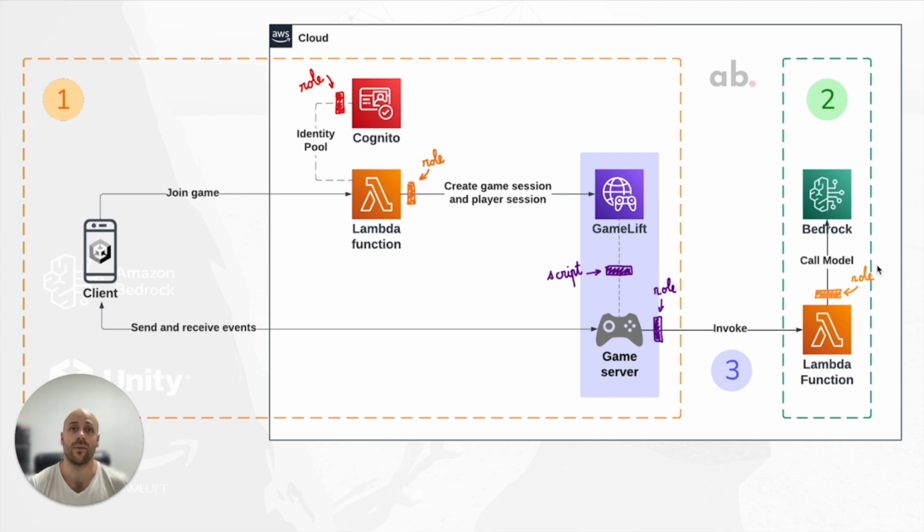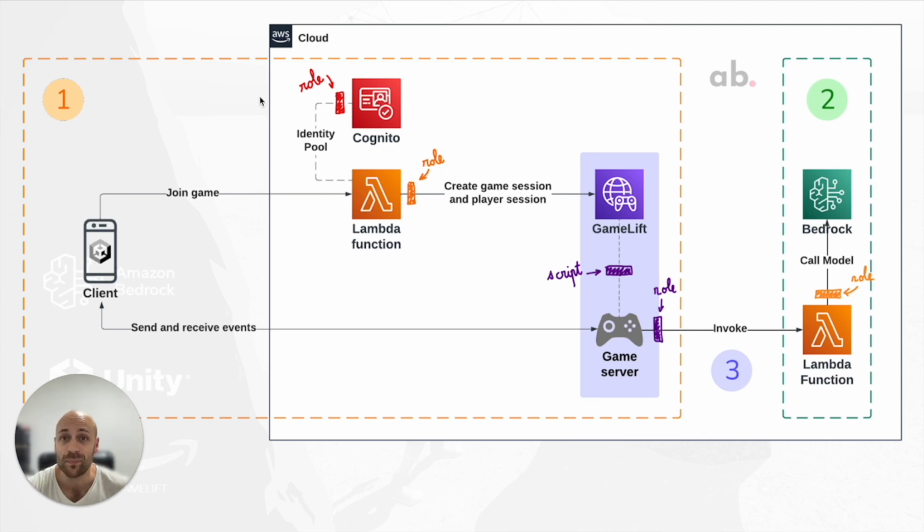It contains three parts. A simple architecture of a real-time multiplayer game implicating the services Cognito, Lambda, and GameLift. A Lambda function that calls the generative AI service Amazon Bedrock, and a connection between GameLift's game server and the Lambda function.